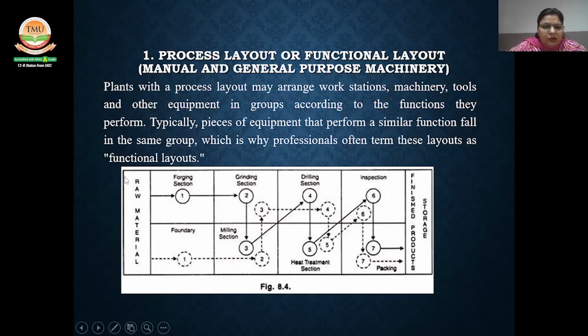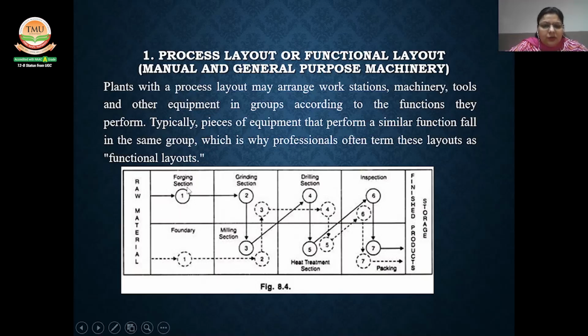Starting off, in this diagram there is a rectangle on which the raw material is written. With this arrow, the raw material reaches the forging section. Forging section means to cut or press iron through the forging machines.